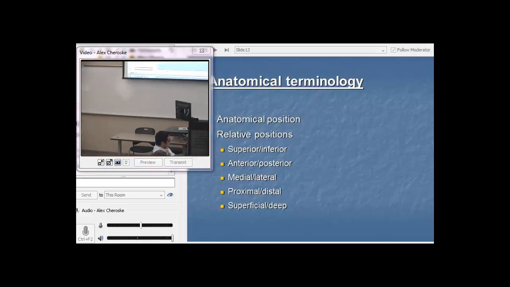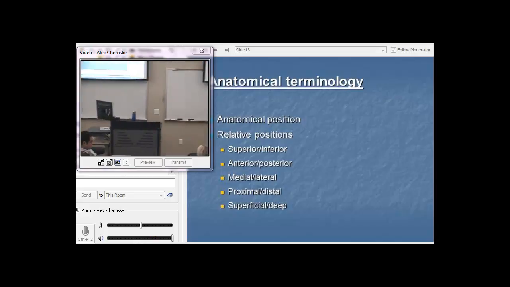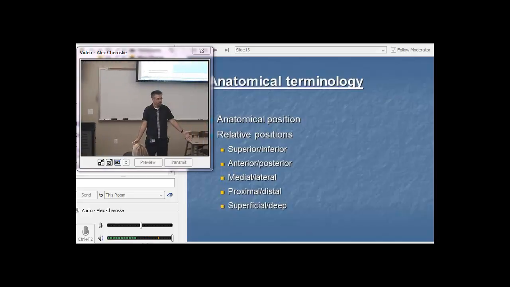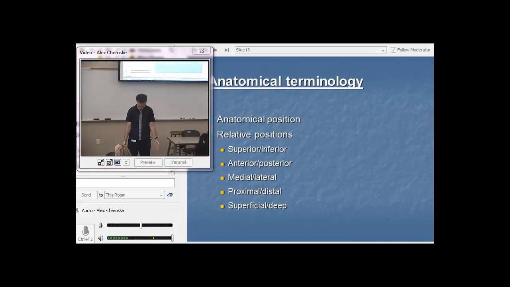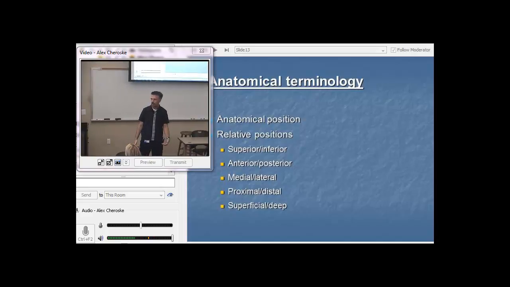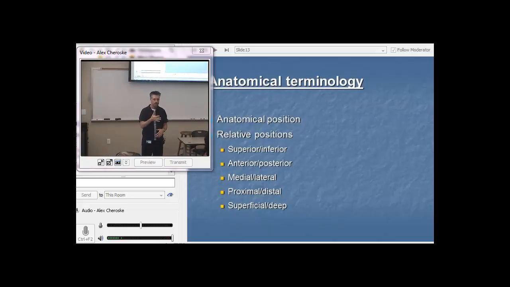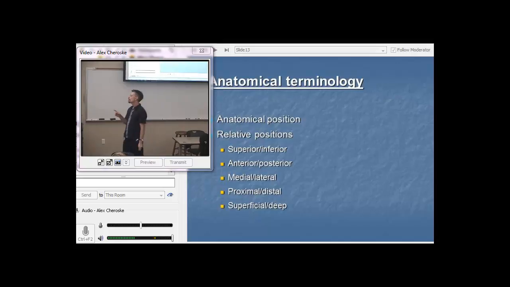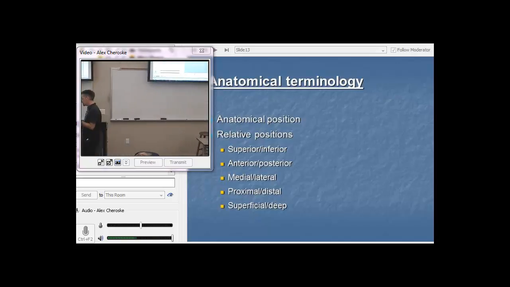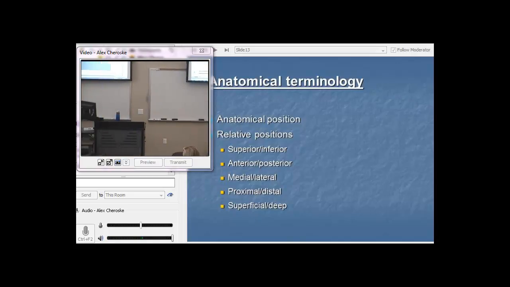If you're working physical therapy or something like that, they might be standing up. You want to evaluate them in this type of position so you can see what's going on. You can check their flexibility, stuff like that. So when you're describing where these things are in their body, like former surgeries or where the pain is, that's going to be different depending on how the body's oriented. So what the medical field has come up with is something called anatomical position.